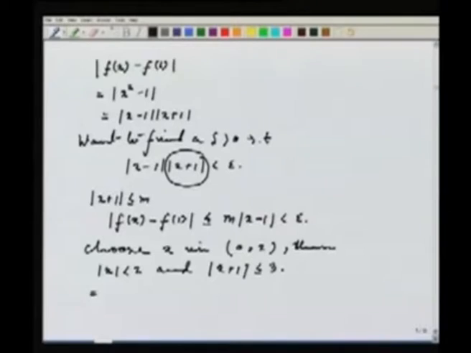This implies that if I choose delta to be equal to minimum of epsilon by 3 and 1, let us see whether this works. Okay, this choice of delta.